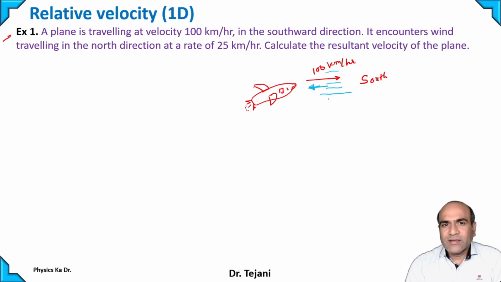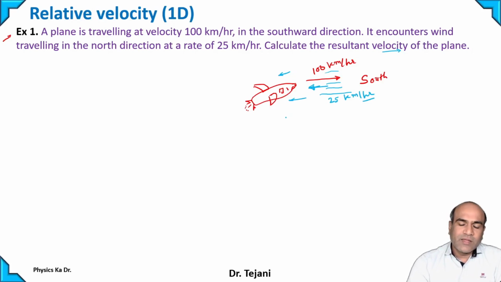And the wind speed is given as 25 kilometer per hour. We need to calculate the resultant velocity of the plane, right? So the plane is traveling at velocity 100 kilometer per hour as per its engine capacity, and suddenly there is wind flowing from the opposite side at 25 kilometer per hour.